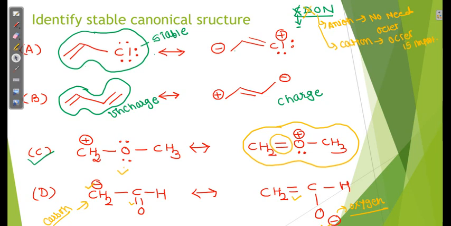If you have not seen it, please go through that, you will get the confidence. So here oxygen is more electronegative, so the negative charge is stable on that. So this is a more stable structure compared to this one. Okay, so this is the case where among all the available resonating structures, we can find the stable canonical structure. Let us go ahead.